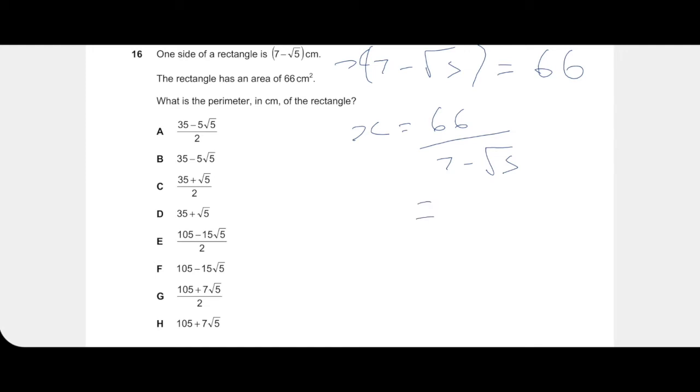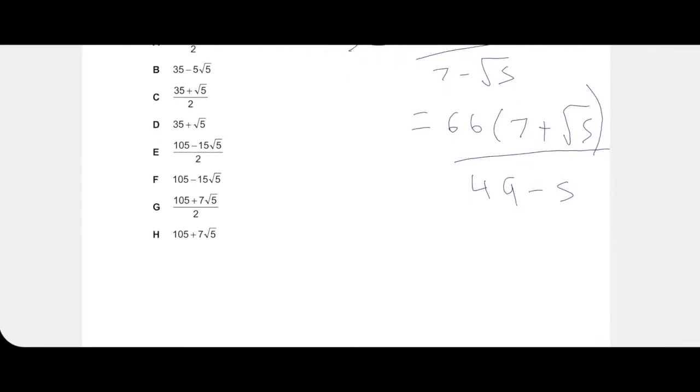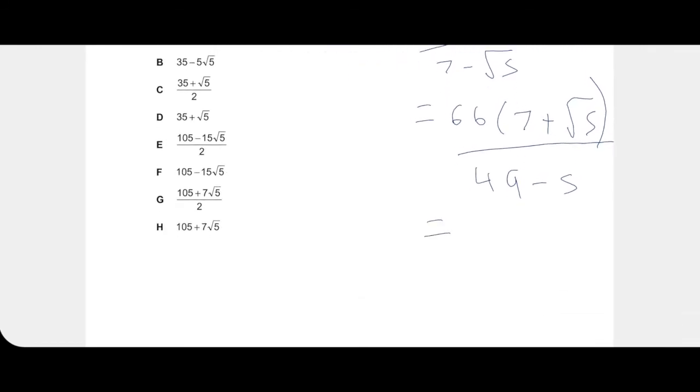So that will be equal to 66 open bracket 7 plus square root 5 over 49 minus 5, which comes to, if you do all the simplifications, and I'm not going to bother to do that because I assume you could do that very straightforwardly, 21 plus 3 root 5 over 2. That is equal to our other length x.